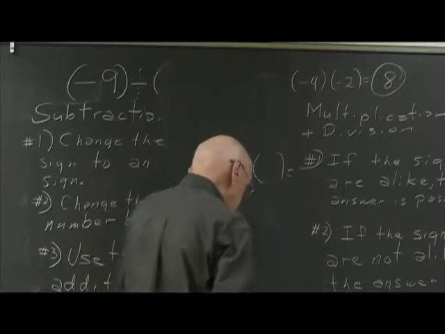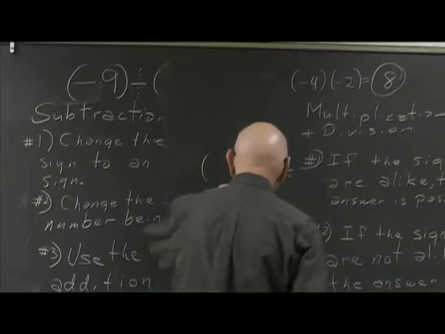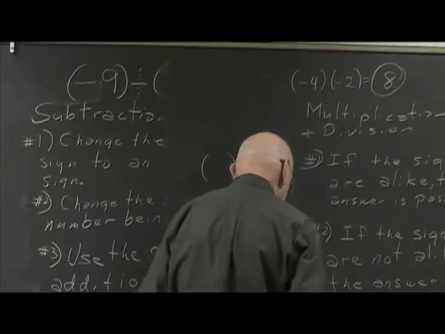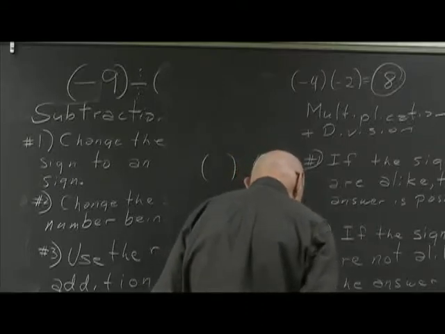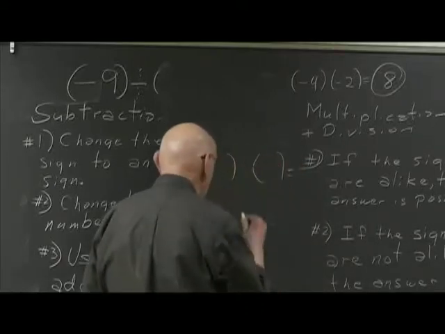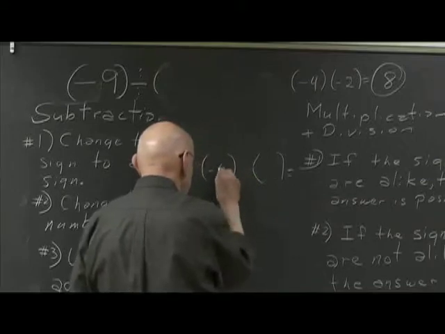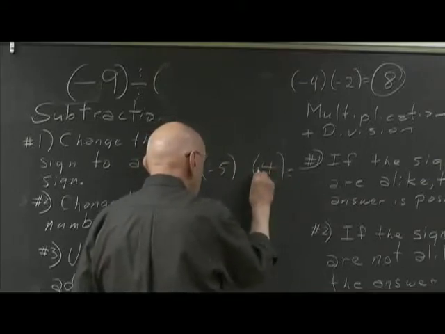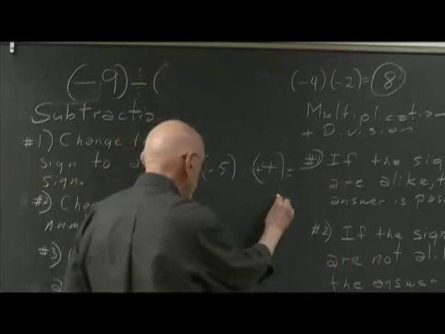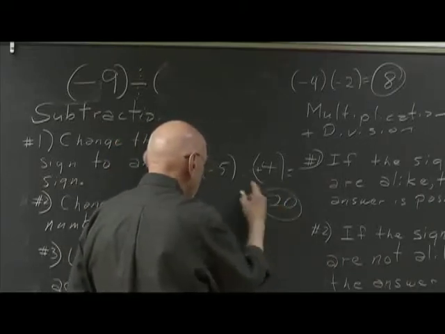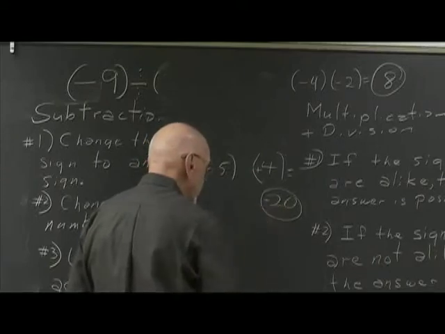So first we'll do a multiplication problem, and that'll be, say, negative 5 times positive 4. Negative 5 times positive 4. 5 times 4 is 20. The signs are not alike, therefore it's negative 20.